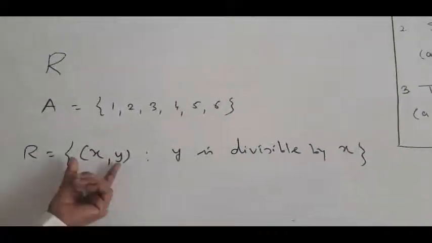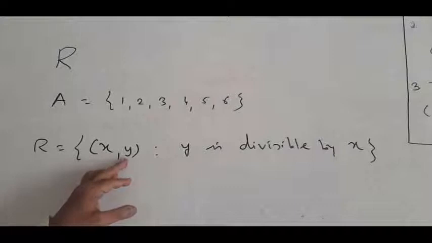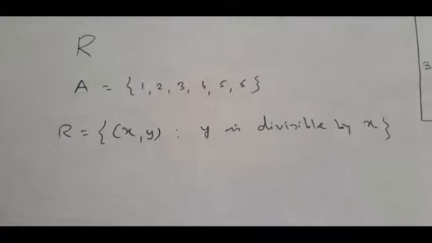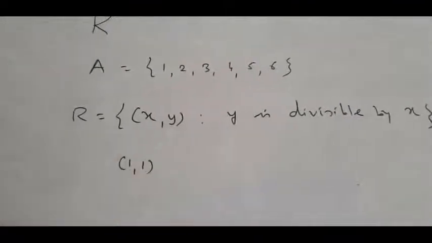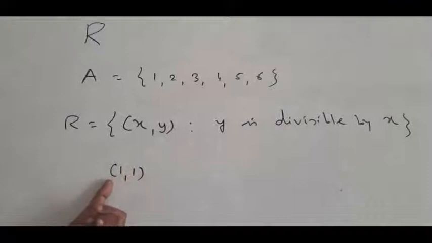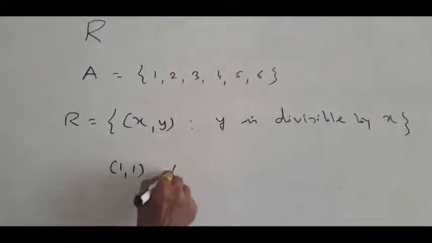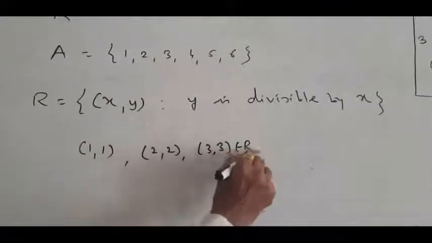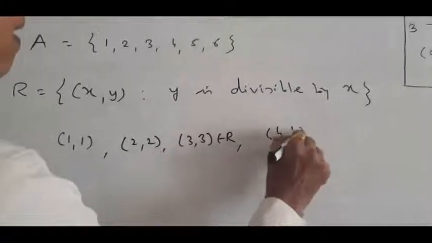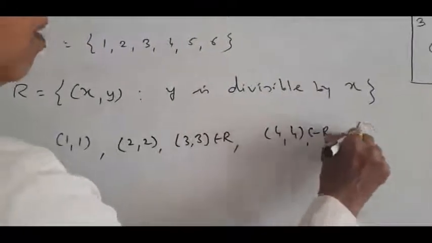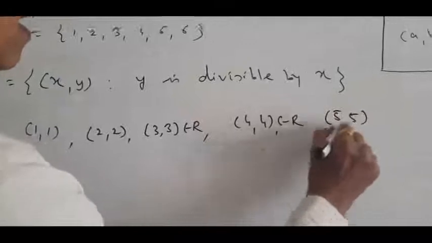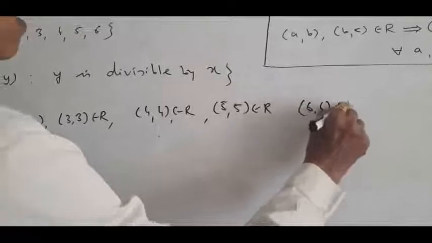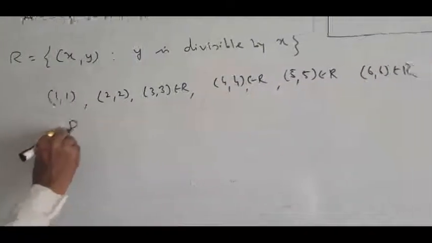Means (x, y) belongs to R when y is divisible by x, or x divides y. Here, naturally 1 is divisible by 1, therefore (1, 1) belongs to R, (2, 2), (3, 3), (4, 4), (5, 5), (6, 6) belong to R. Therefore, R is reflexive.